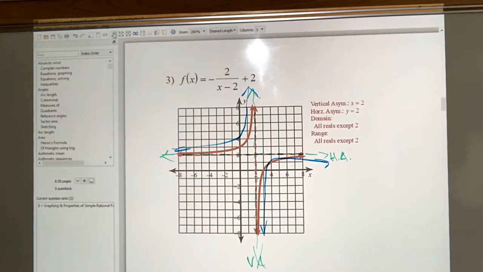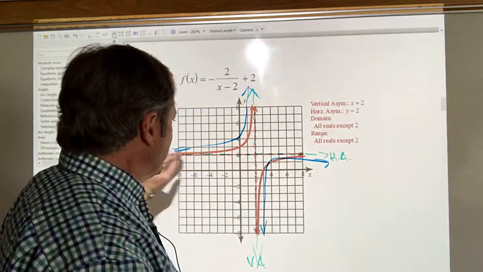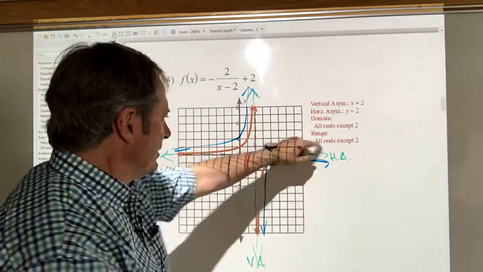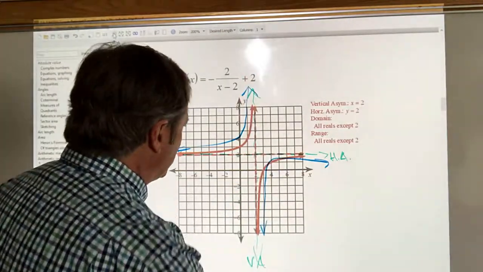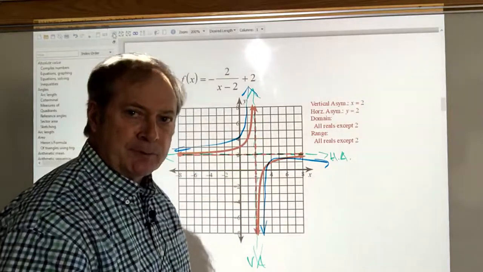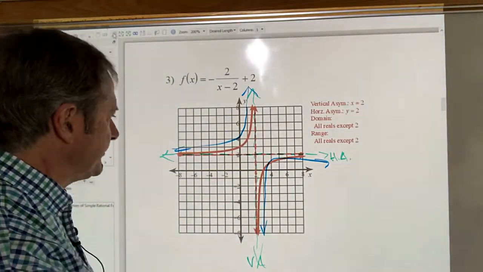Alrighty. So again, the domain will be all real numbers except when you get to +2, and then it splits. And similarly, the range, you've got all real numbers except when y is +2, and then the thing splits. And it splits because it's undefined at that point.